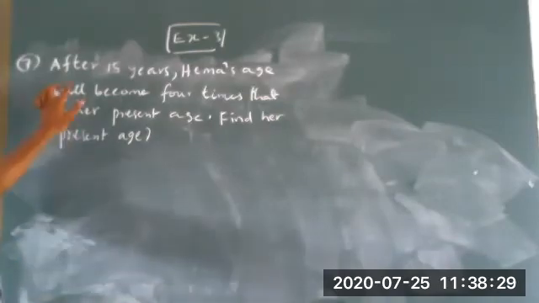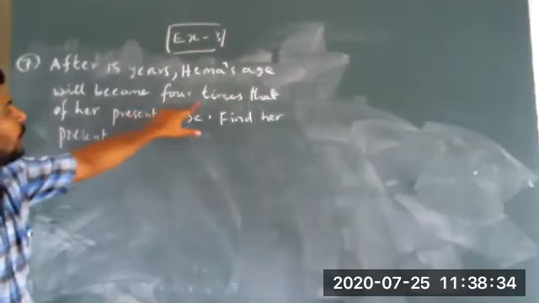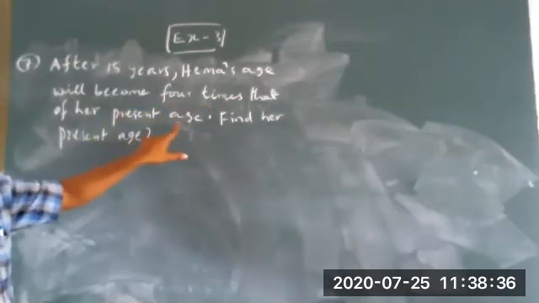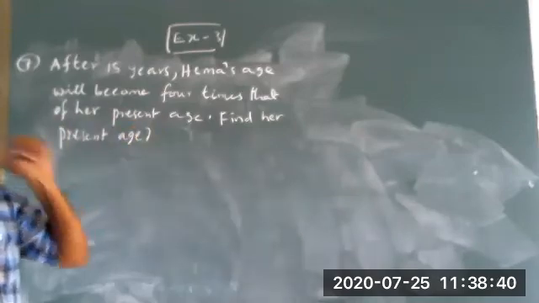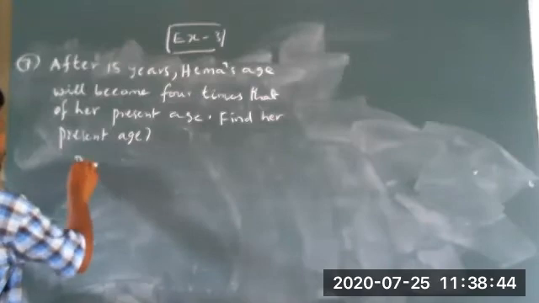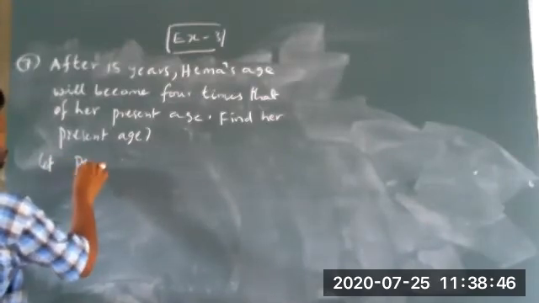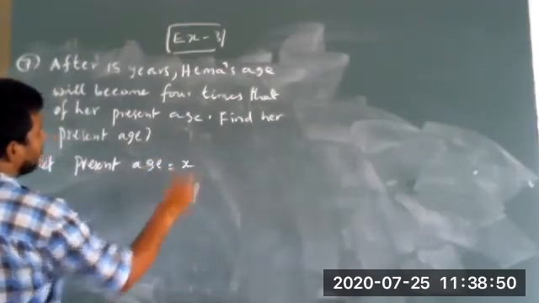Now listen. After 15 years, Hama's age will become 4 times that of her present age. So for the present age, let it be x. Present age equal to x.